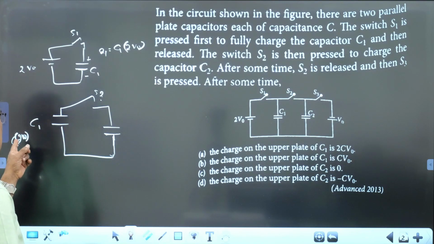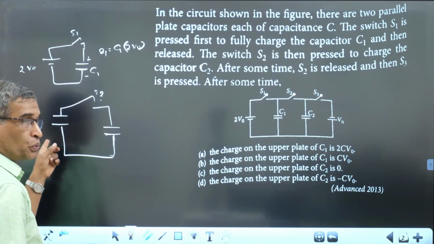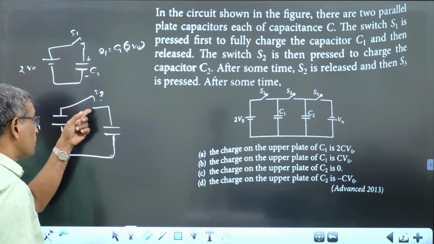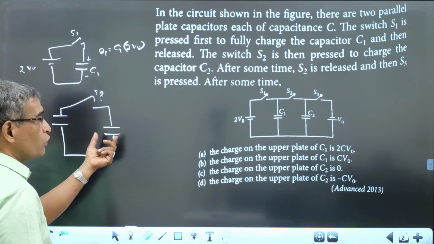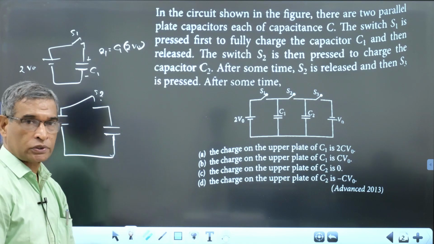After pressing for some time, whatever charge is here is shared, and therefore C2 also gets charged.